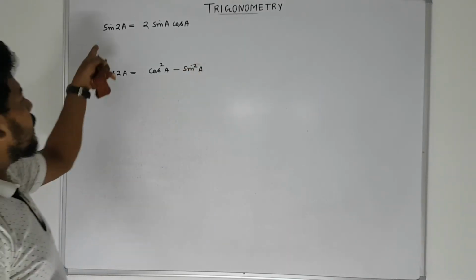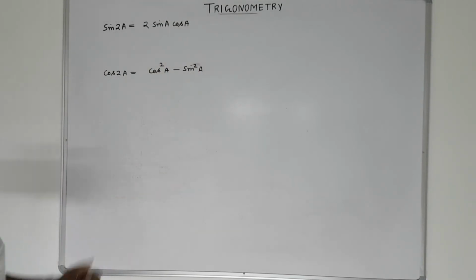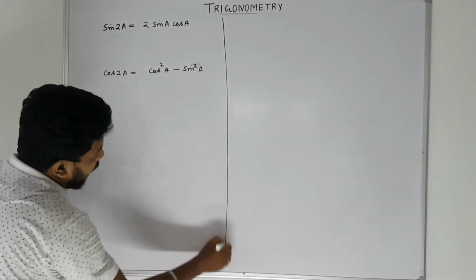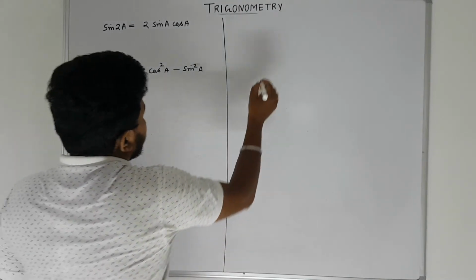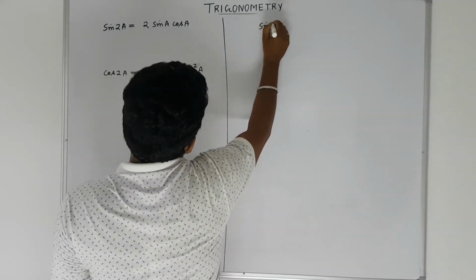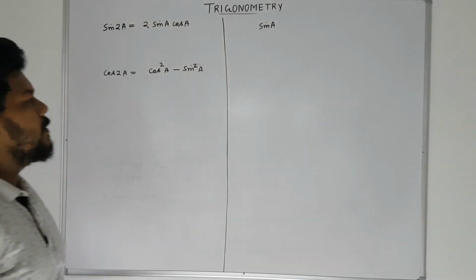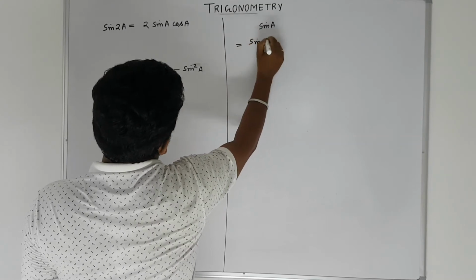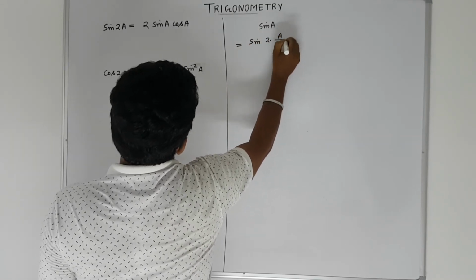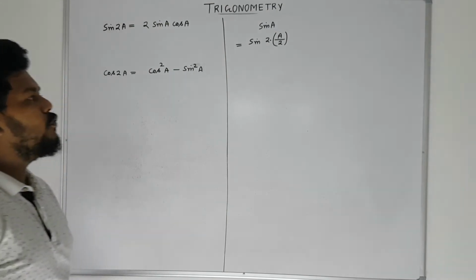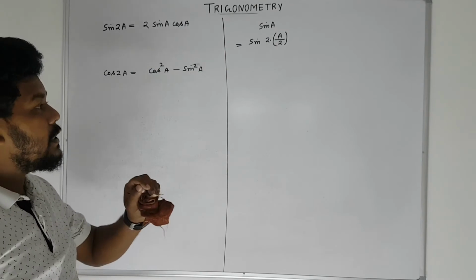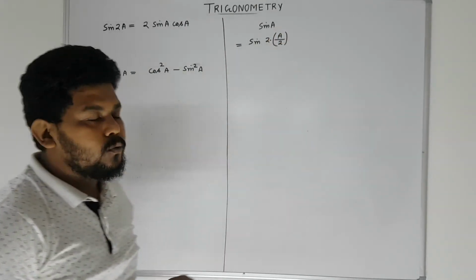Now we'll use this multiple angle formula to find the submultiple angle formula. Now, what is sin A? Sin A is nothing but sin of twice A by 2. Now the angle A is expressed as 2 times A by 2.